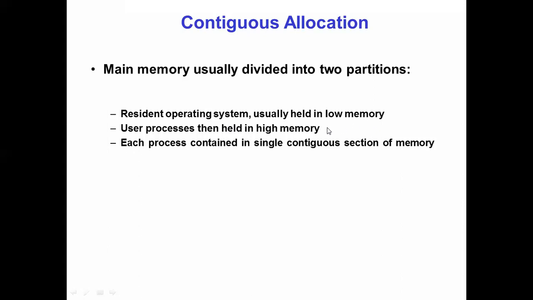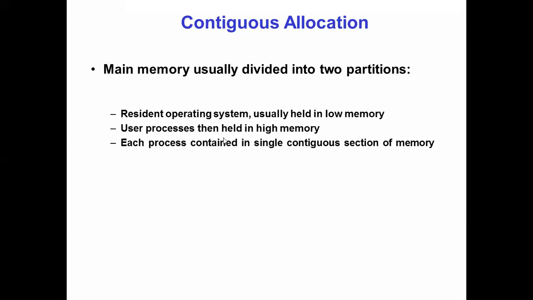This is a fixed portion, only a limited portion is occupied by the operating system, and the rest of the memory will be used by a number of processes, and it also still has some free space.